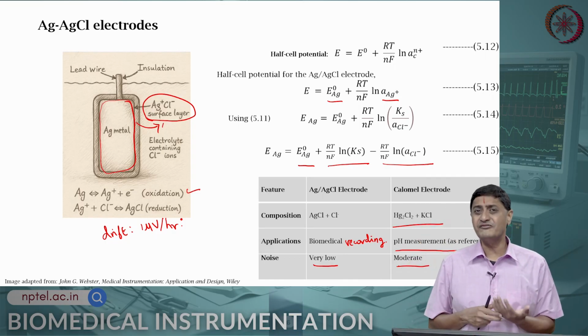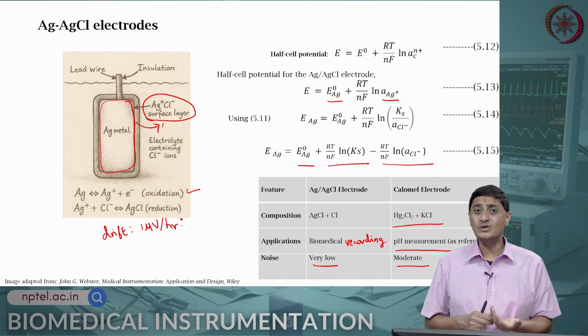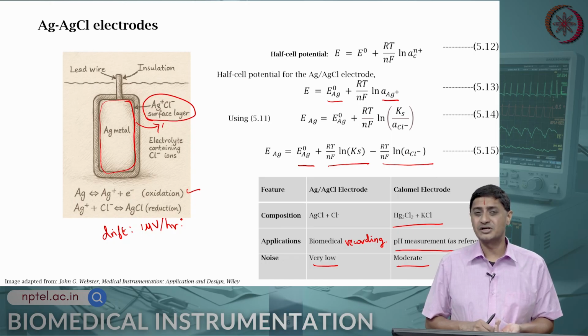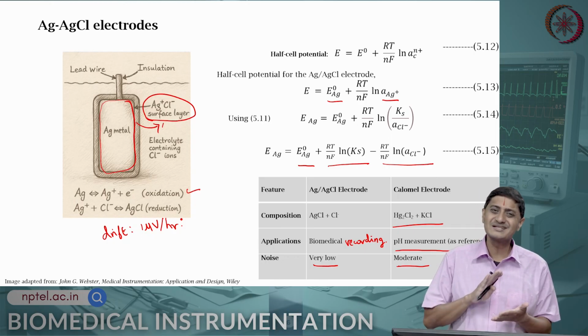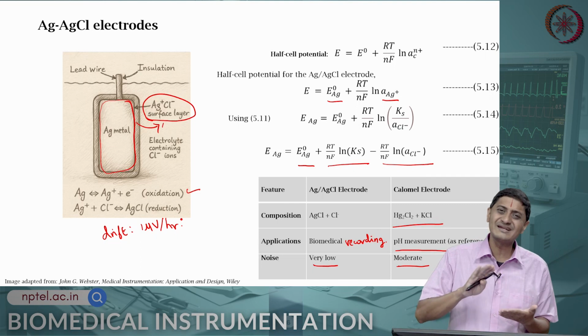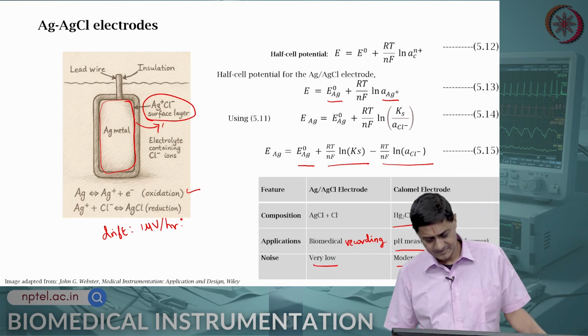But in rough use, the electrolytic silver chloride electrode may not be the perfect solution, because the silver chloride coating may get scraped off. I already mentioned this.